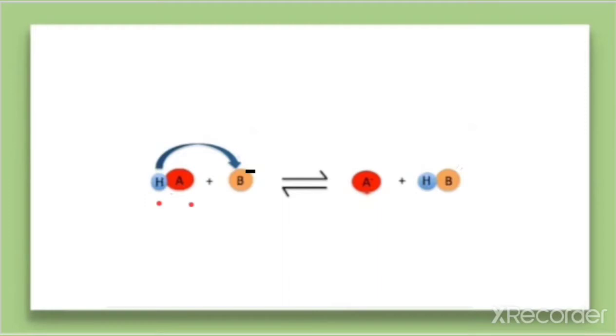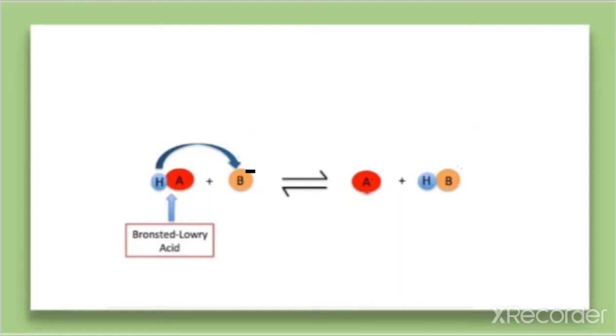Because HA is donating the proton, or we can say H plus, HA is called a Bronsted-Lowry acid, because according to the Bronsted-Lowry concept, the substance which is donating the H plus ion is called an acid.